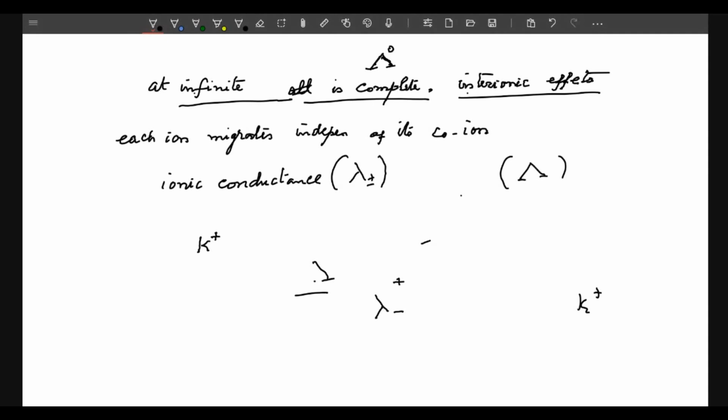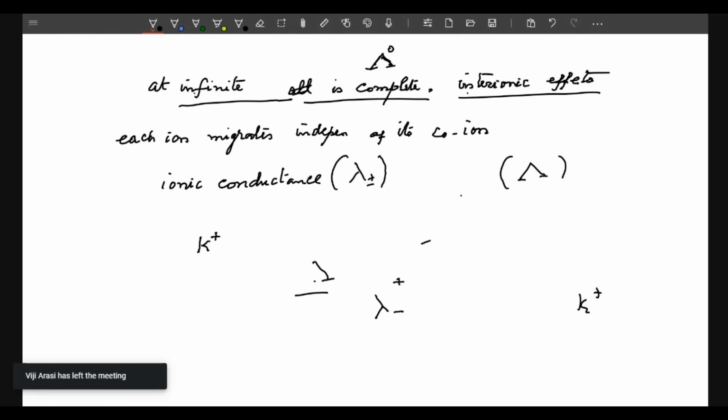Once again, repeat the definition. Kohlrausch's law states that at infinite dilution, where dissociation of the electrolyte is complete and all interionic effects disappear, each ion migrates independently of its co-ion and contributes to the total conductivity of the electrolyte.